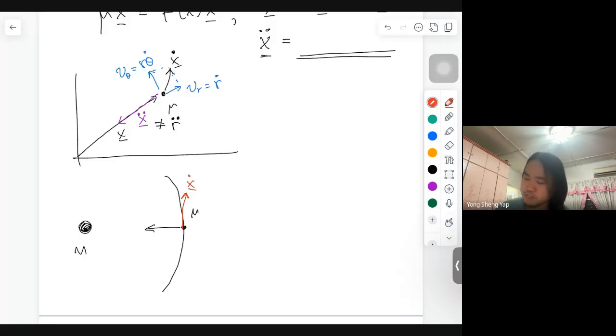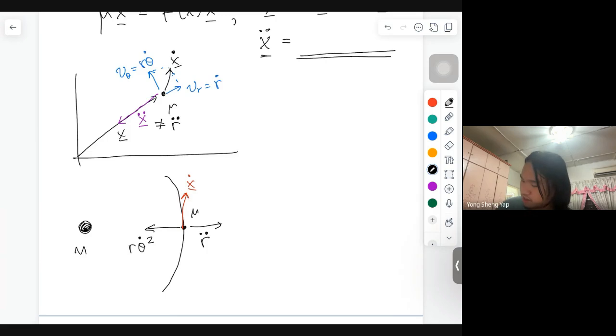One thing it needs to do is supply a centripetal force. So basically, this is something like mu v squared over r, which is mu r theta dot squared. And one thing it can do is to just move outwards, accelerate outwards.